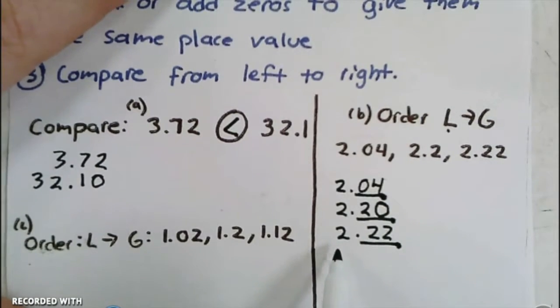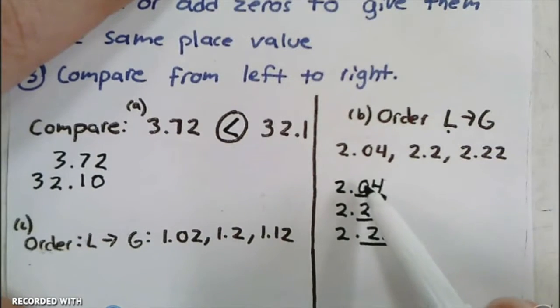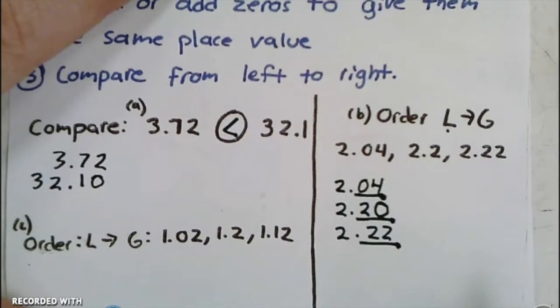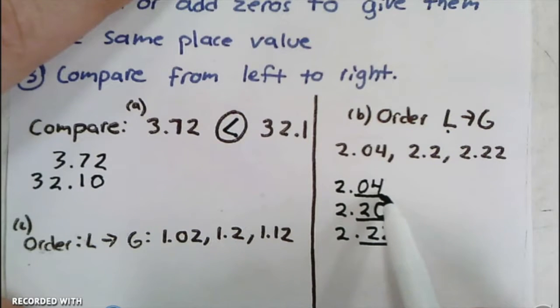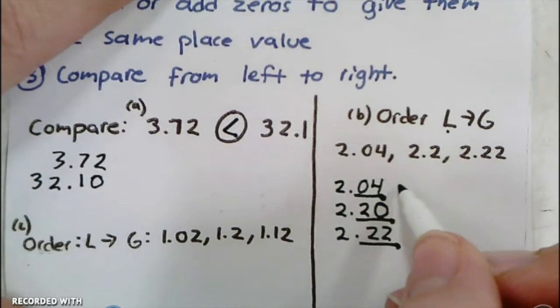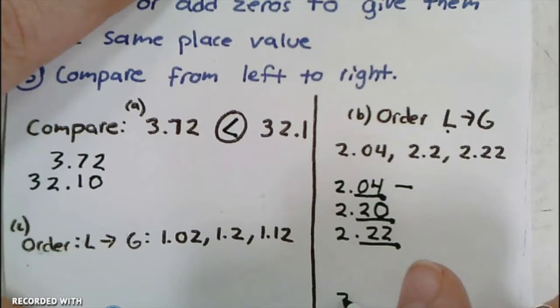The whole numbers are the same, so I'm going to move to the next step. In the tenths column, I have a 0, a 2, and a 2. So which one is the smallest? Right, the 0. So 0.04 is going to be our smallest number, our least number. So I'm going to write that right down here as our smallest.